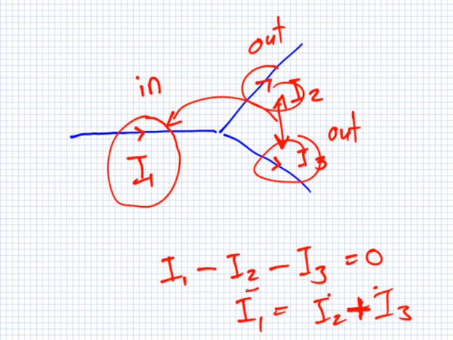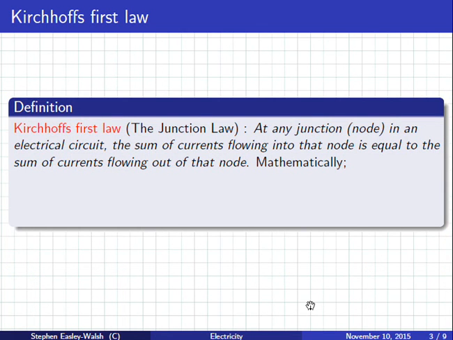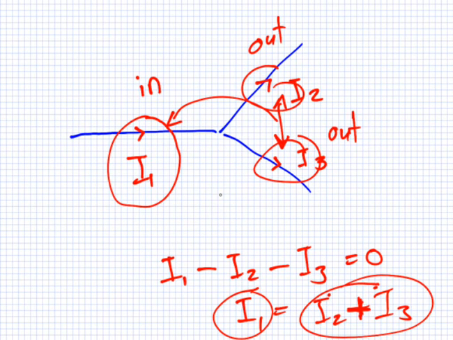Before you write all of this down, let me explain what it means by drawing it. So what Kirchhoff's first law says, when you have this situation, like this here is current I1, and then it splits into I2 and I3. The charge here is the same as here and here.